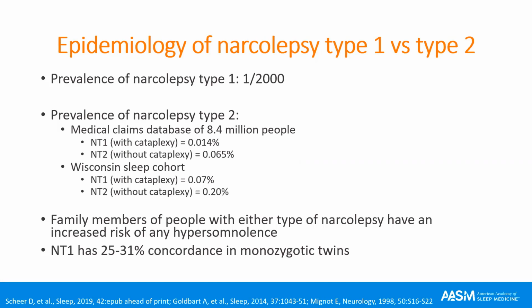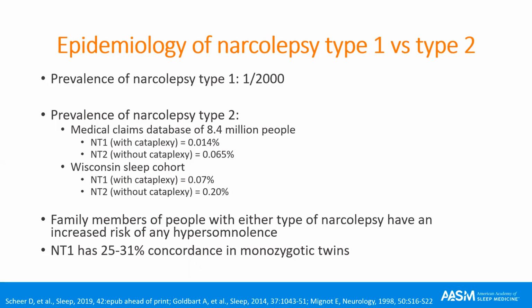Our best population data on the question, which is not without its limitations, but it doesn't necessarily have the same referral bias that a clinic might, comes from two sources. One is a medical claims database. Of course that requires people to have accurately coded the kind of narcolepsy that patients had.